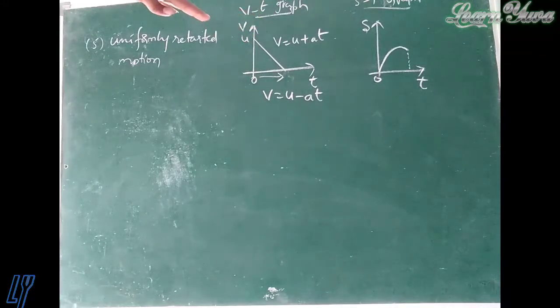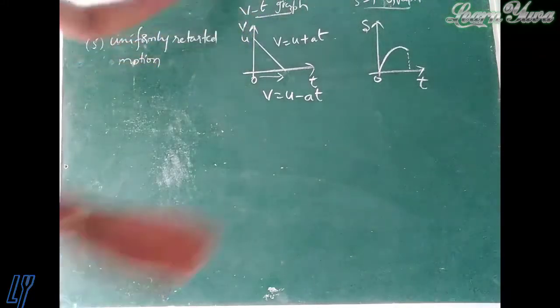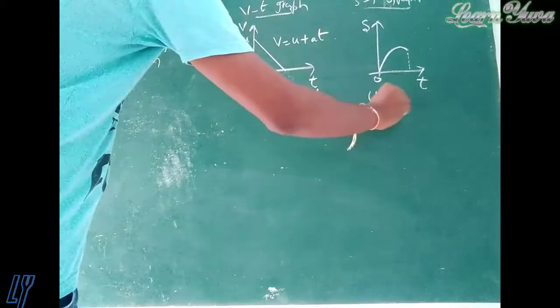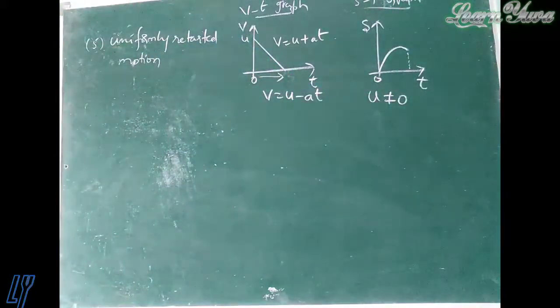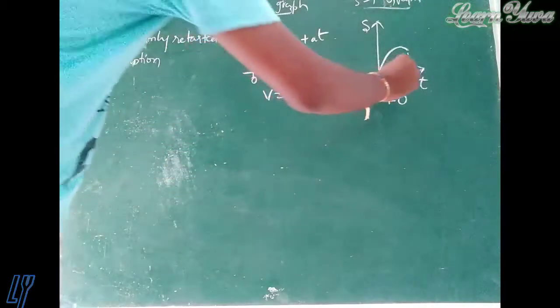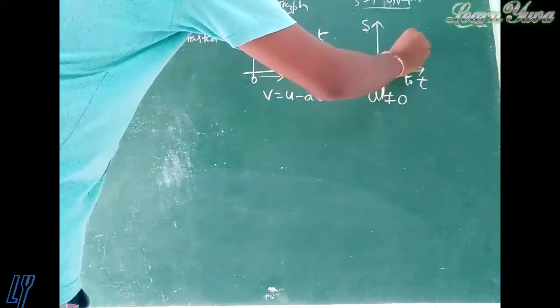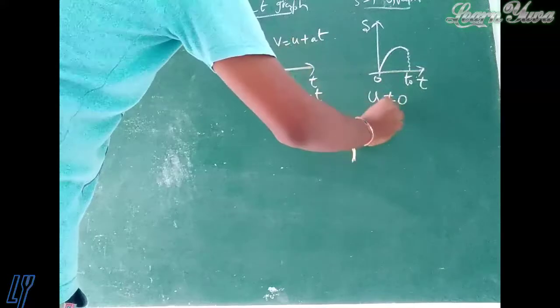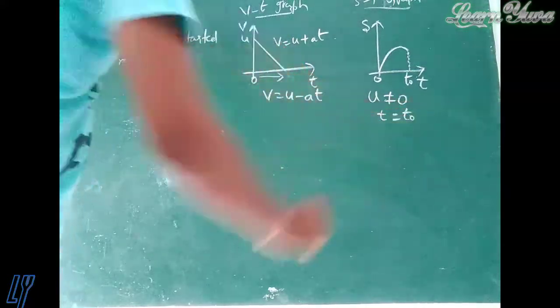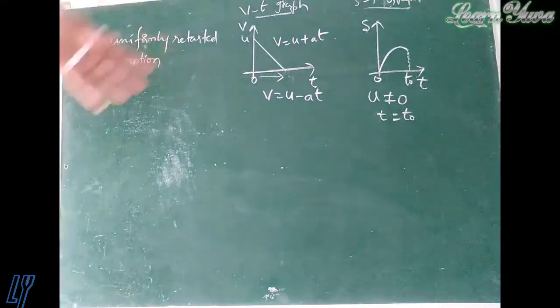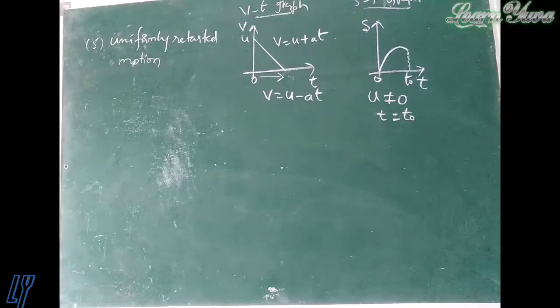Here in this case, the initial velocity u can't be 0. The slope of the displacement time graph at t is equal to t naught. At this place the t value is considered as t naught, which means it has some time value.